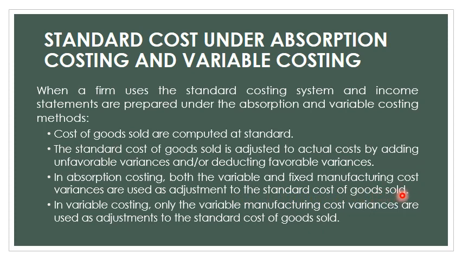So, lahat na mako-compute yung variances. Okay? Ulitin natin, ang variances na compute by comparing the actual and standard cost. So, adjustment sila dun sa standard cost of goods sold. So, in variable costing daw, only the variable manufacturing cost variances are used as adjustments to the standard cost of goods sold. Okay, so alalahanin natin, review natin.